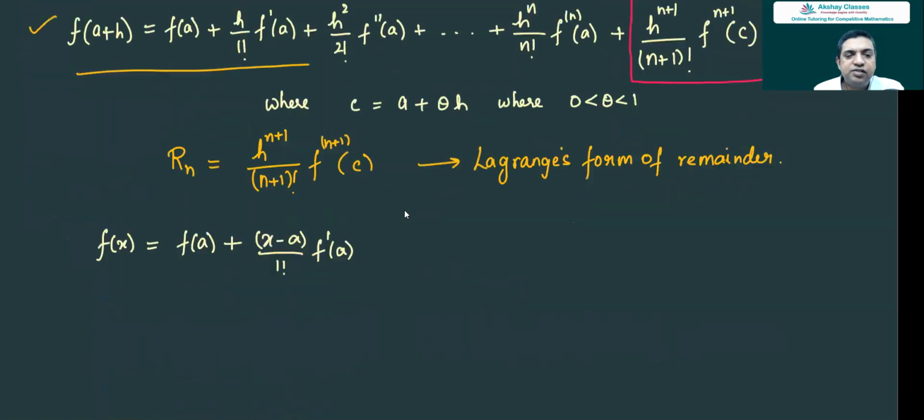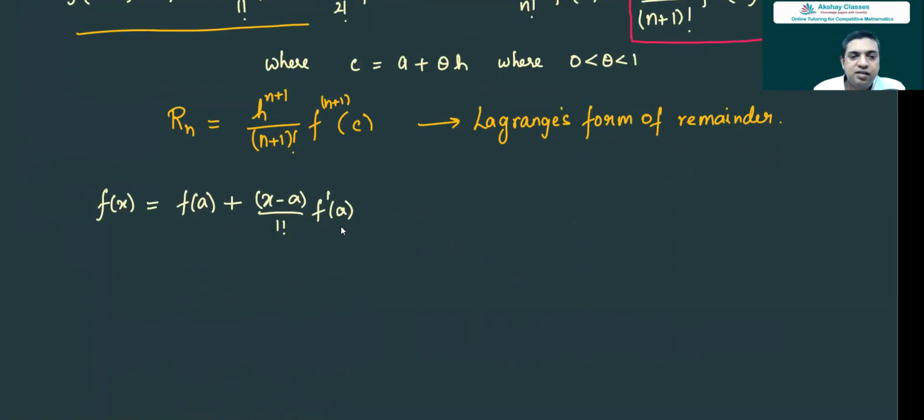When we limit it to just two terms, the remainder will be an approximation. So we will get c here, not a, because we are making the approximation leaving out the higher order terms. So f dash c is f of x minus f of a by x minus a.